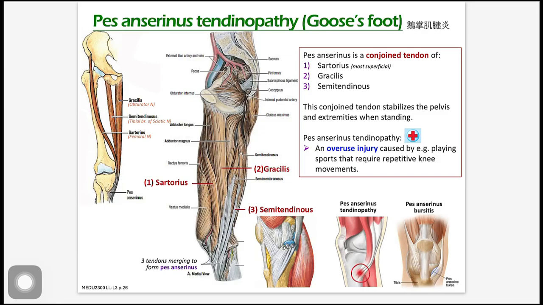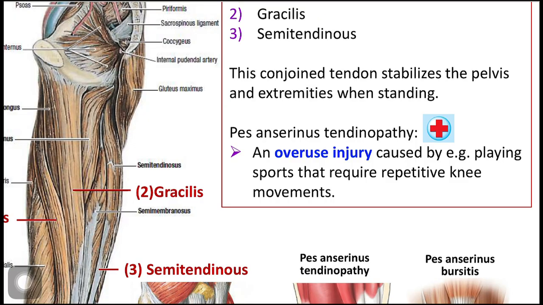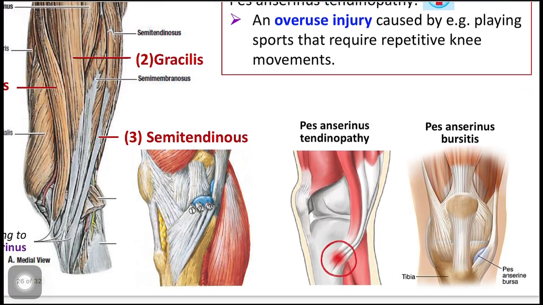And this pain is usually because the tendon in this site has a condition, which is why it's called tendinopathy, pes anserinus tendinopathy. Most of the time it is an overuse injury caused by playing sport that requires repetitive knee movement.